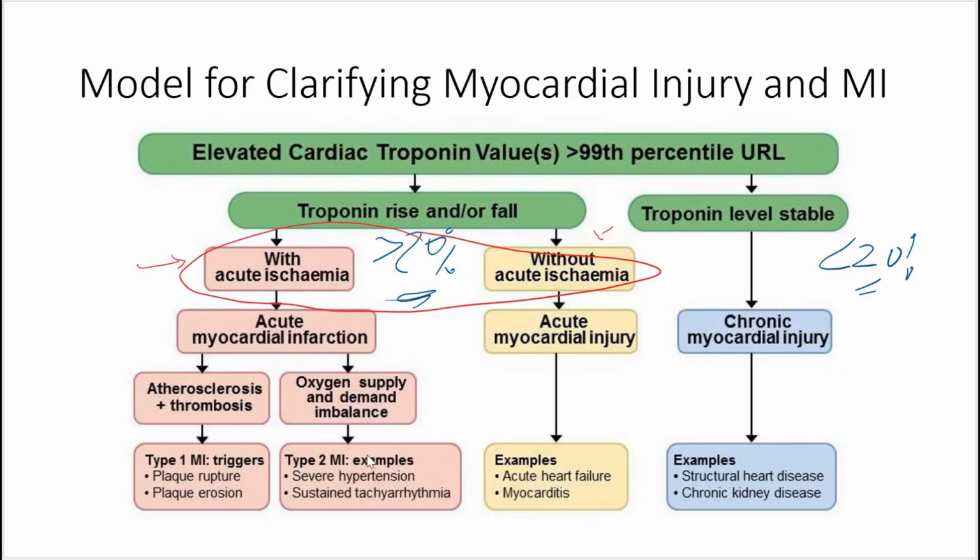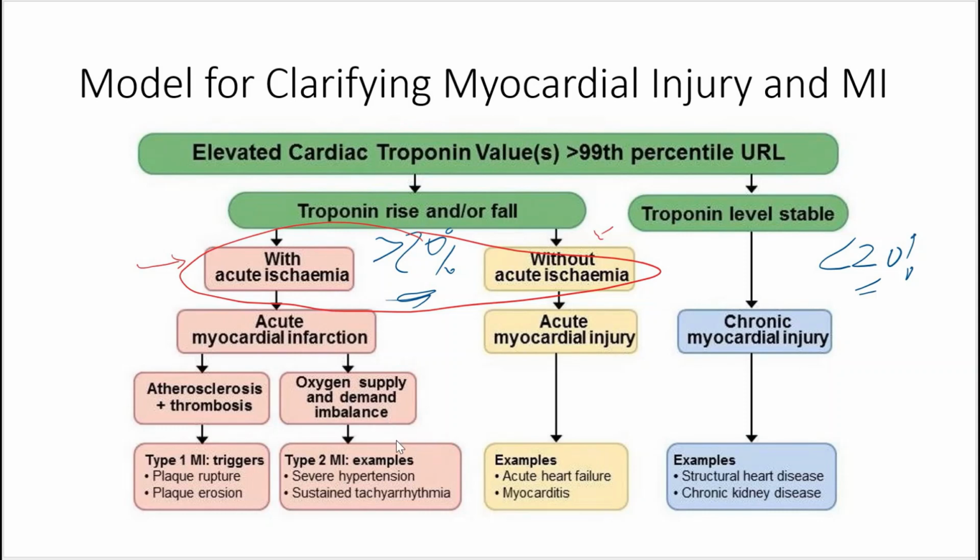And type 2 MI, the pathophysiology is from oxygen supply and demand imbalance, and that can happen with a stable coronary artery or coronary artery stenosis, but there is no complete occlusion of the coronary artery.